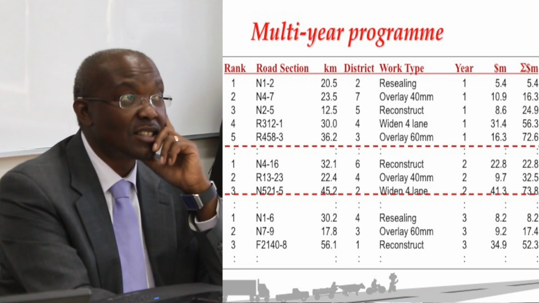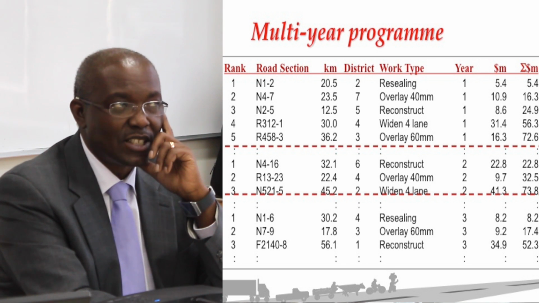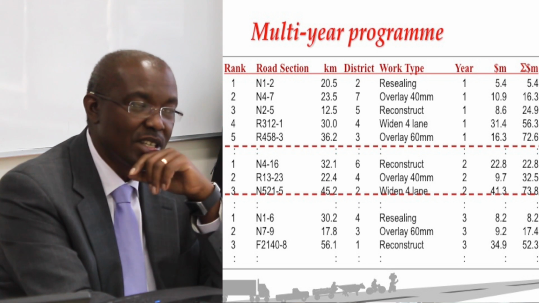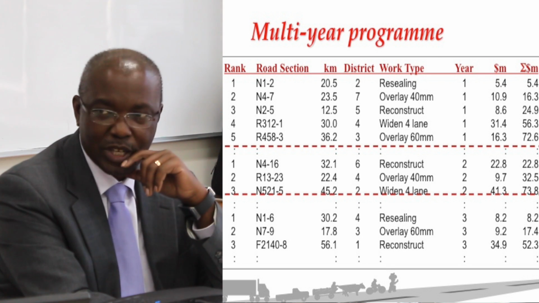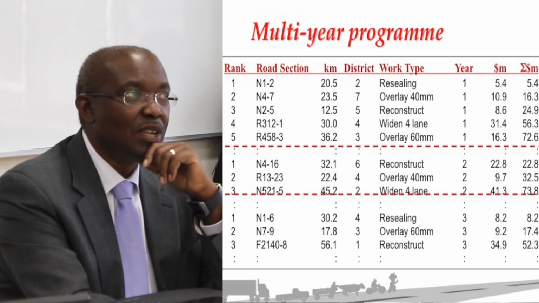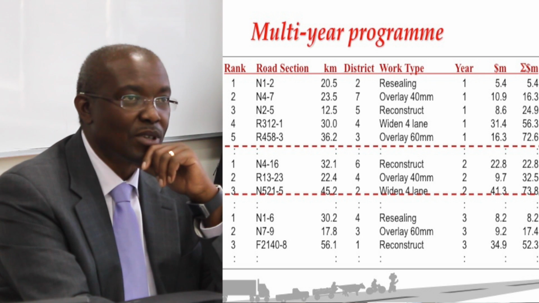And from that, you rank which of these projects should be included, as long as they have a positive rate of return, positive NPV, and a rate of return greater than 12%. And they would be included in the program. The first year program would be above that line, second year program there, and third year program and so on.